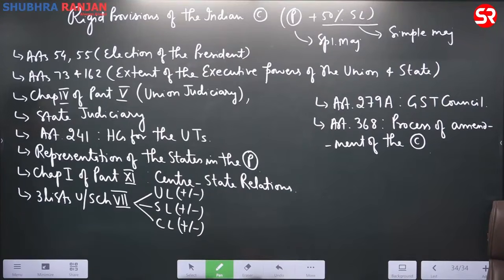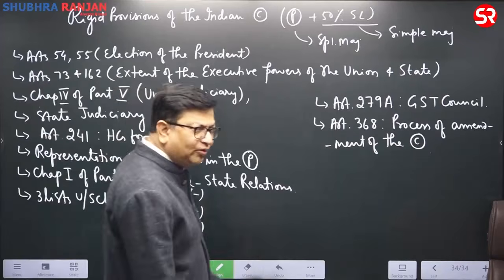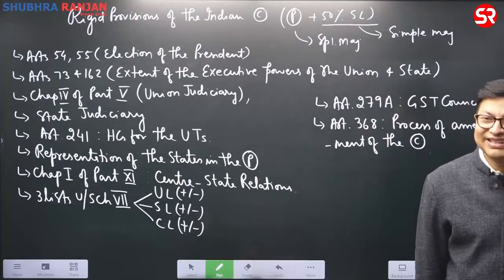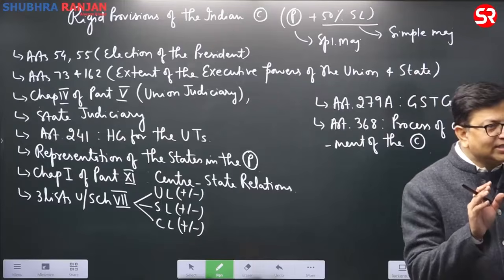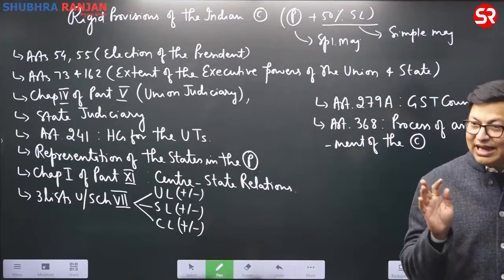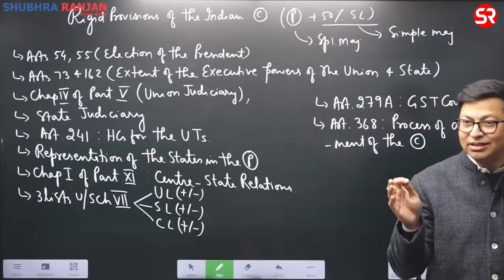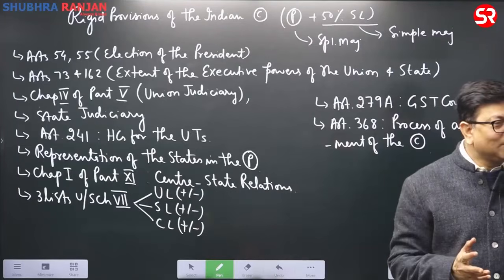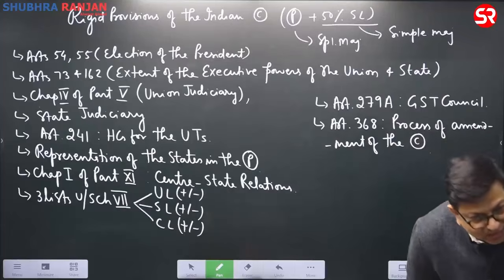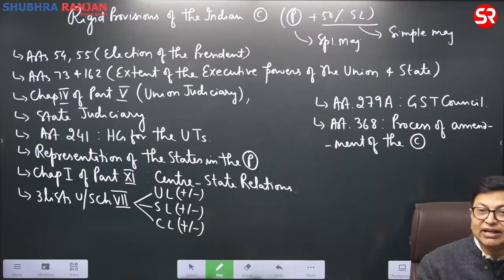So you say only these provisions are rigid in nature. Rest all the provisions of the Constitution are flexible, means they can be amended only by the Parliament. That is why I disagree with many of the textbook writers who write partly flexible, partly rigid.